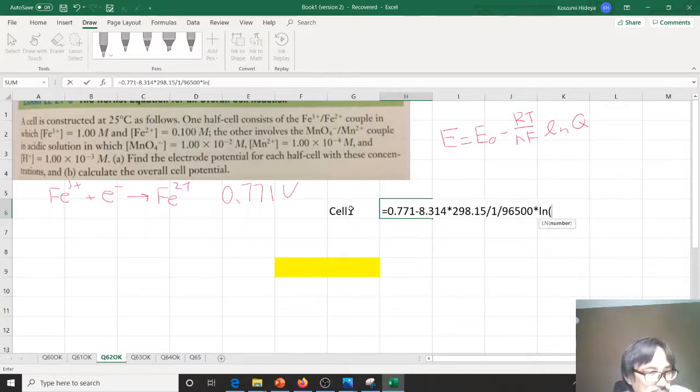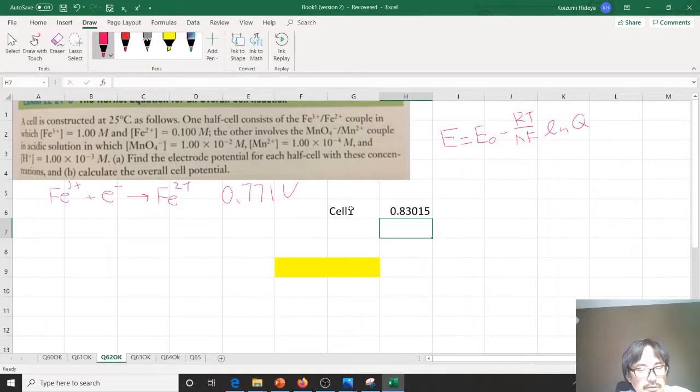The product concentration is Fe2+, which is 0.1, divided by the reactant concentration of 1, which is Fe3+. So all of those things are done.